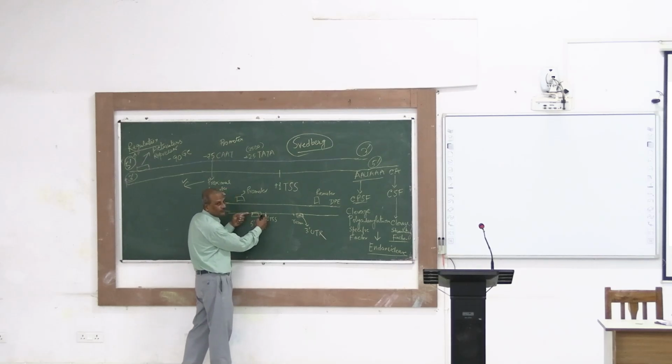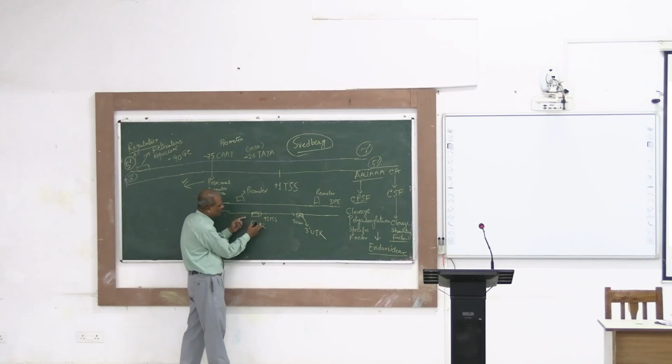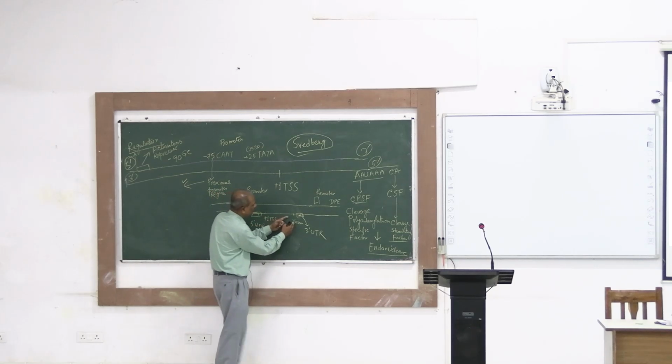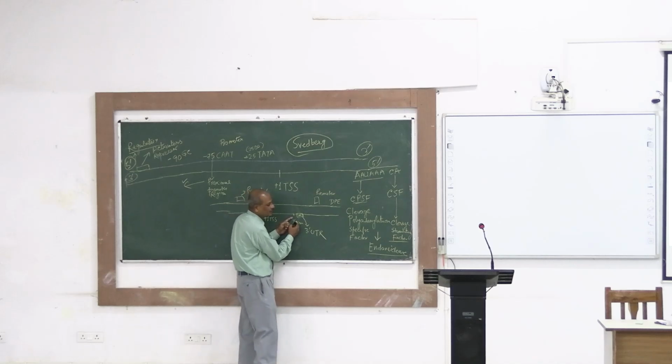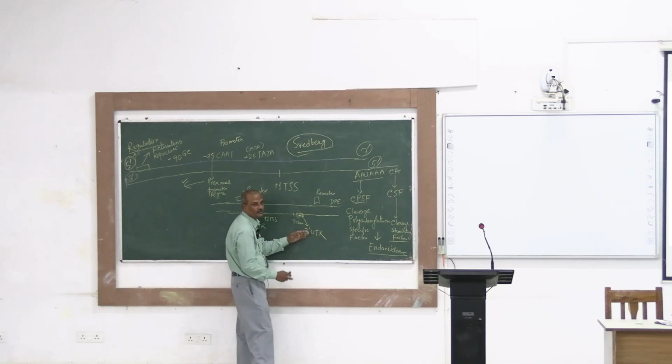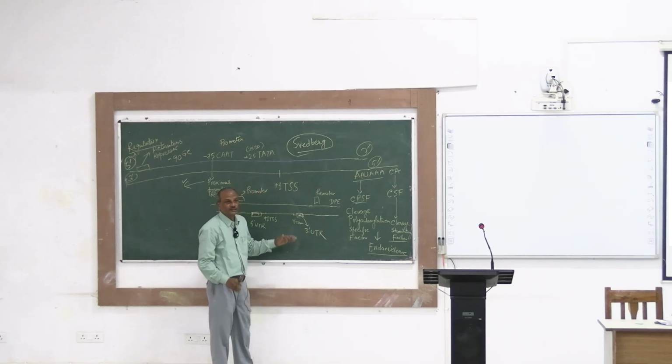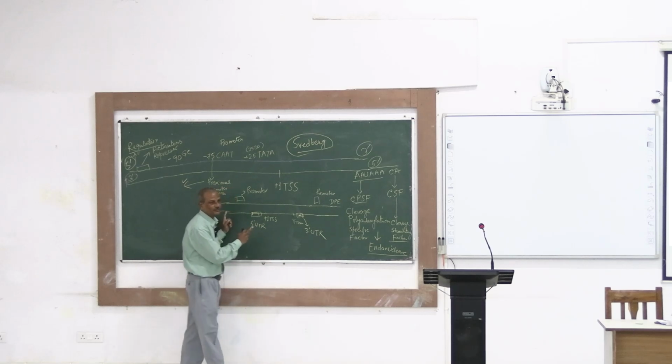Immediately 5' proximal to it, there is one area called the 5' untranslated region, UTR. Similarly, immediately after the termination site, there will be a region called the 3' UTR, untranslated region. This is untranslated, meaning it is not translated into protein, but it is transcribed.